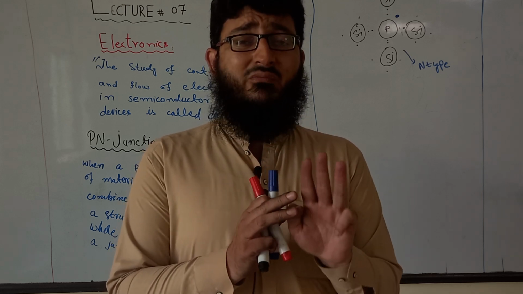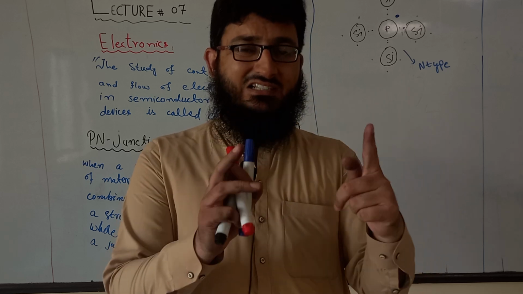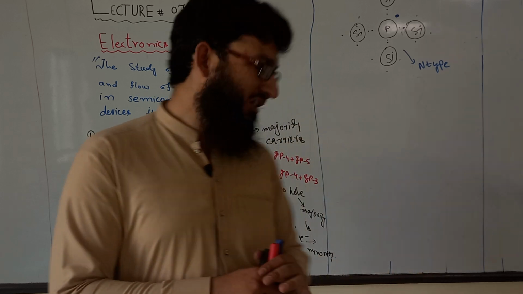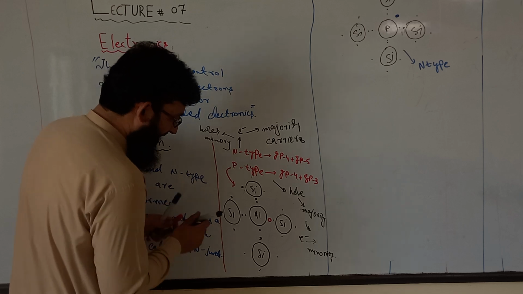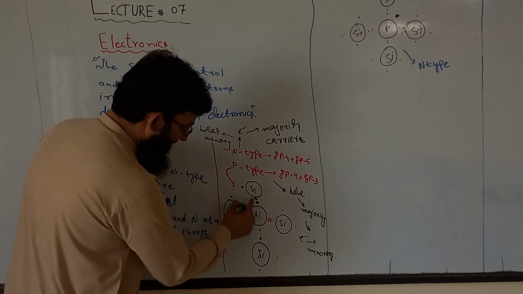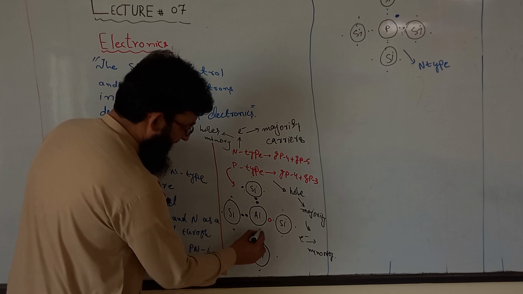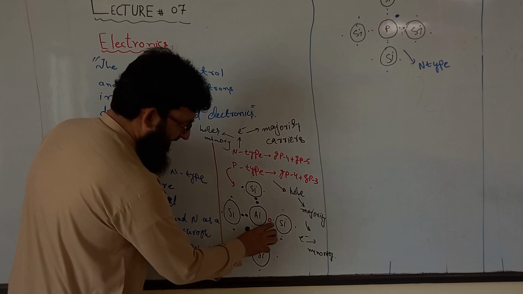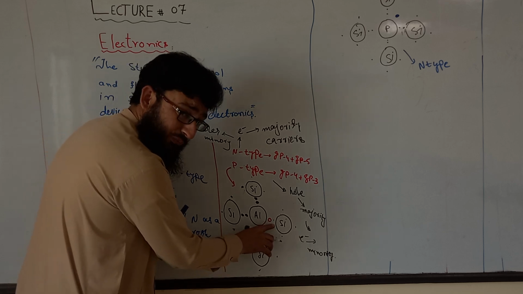So aluminum will share each electron with the adjacent silicon of the crystal structure. One electron of aluminum will be shared here with silicon, another one here, the third one here, and with the fourth one, aluminum has no electron to share.